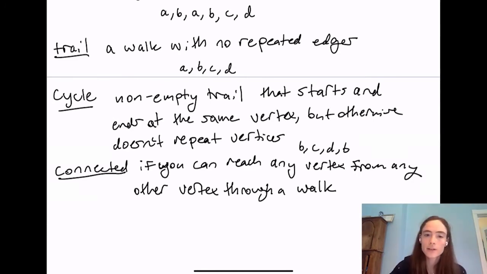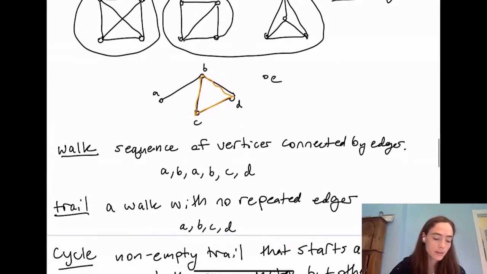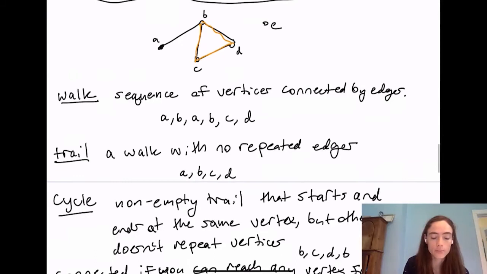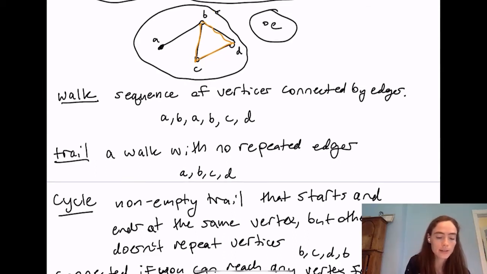So in our first example, we can see that if we start at A, we can take a walk that can reach B, D, or C, but there's no way we can reach E from A. So this graph actually isn't connected. But we can define the number of connected components of a graph by the number of basically separate islands there are that are individually connected in our graph. So here there are two different connected components in this graph.